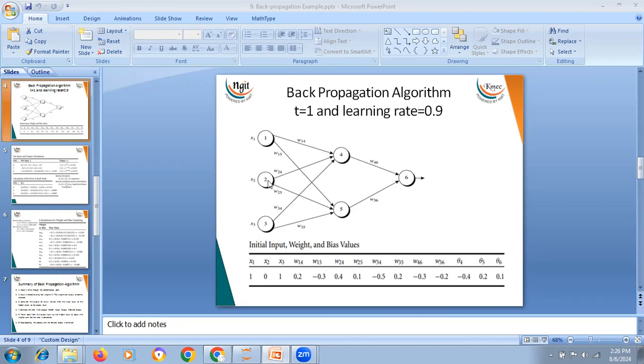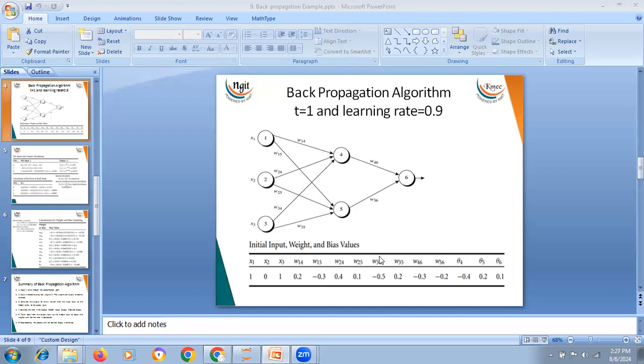In the same way, the weight connecting neuron 2 to 4 is represented by the symbol W24. That means the first suffix represents the previous layer, while the second suffix represents the next layer. That you should remember.